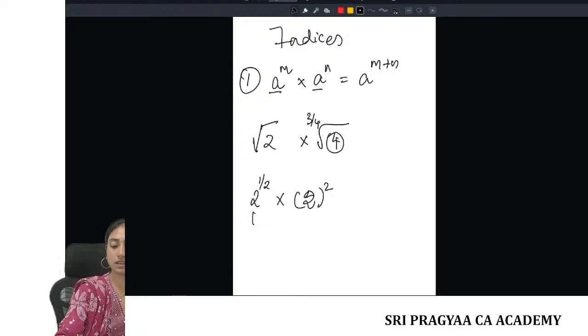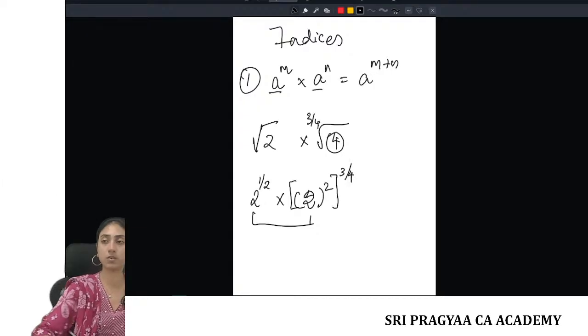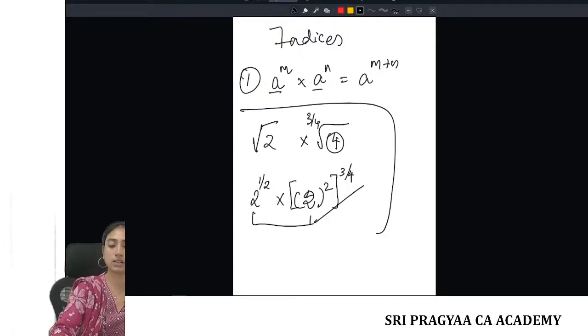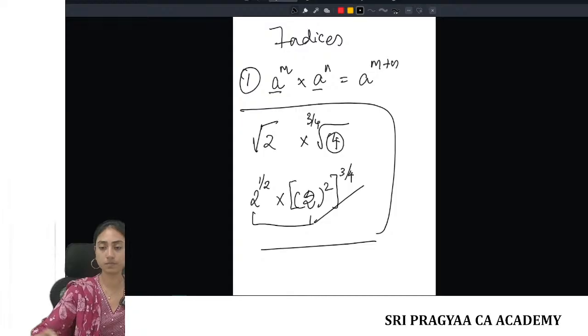Thereby, I am making the base the same. And then this whole thing will be raised to the power of 3 by 4. So whenever you have a different base, try to convert the base to the same and then work on the problems. We'll look at how to solve this later, but just to give an idea, this has been done.